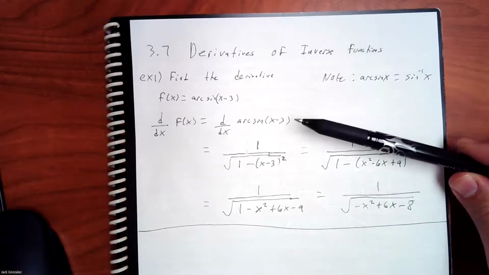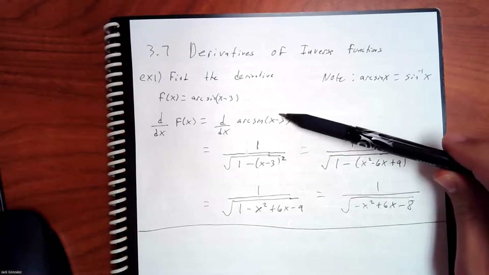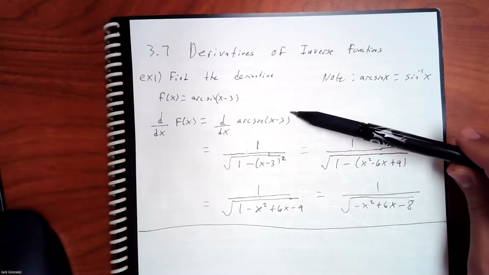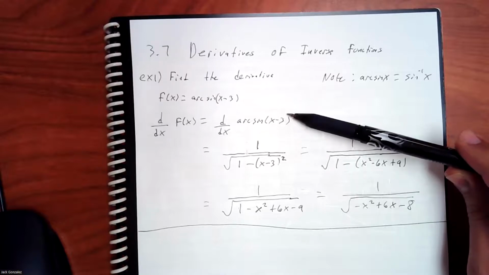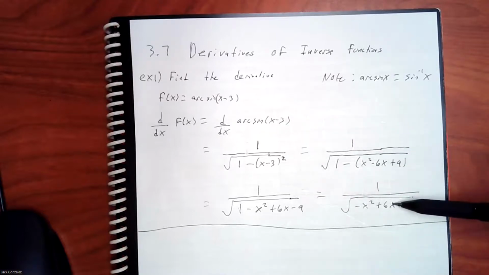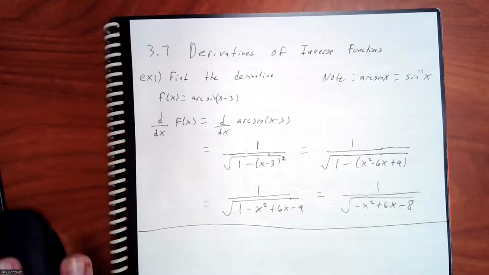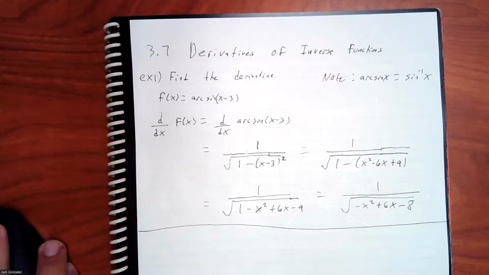You technically should be multiplying by the derivative of the inside, but the derivative of the inside would be 1, right? So it made no difference here. So the formula should be times the derivative of x, to make it more general.